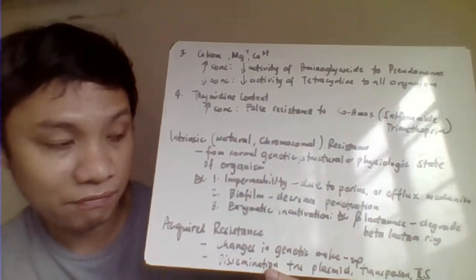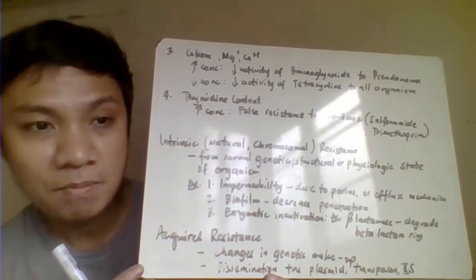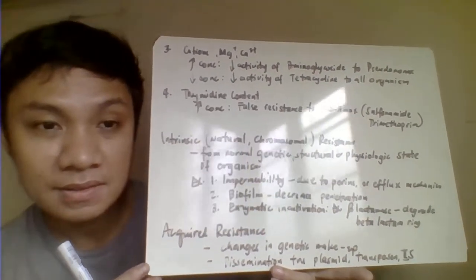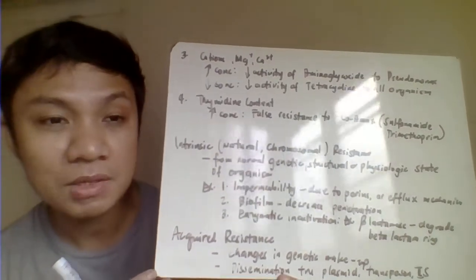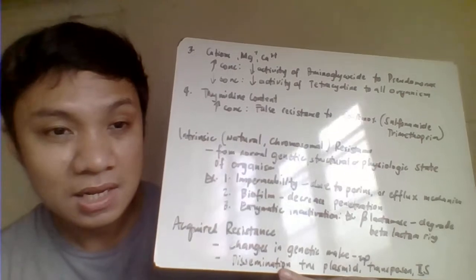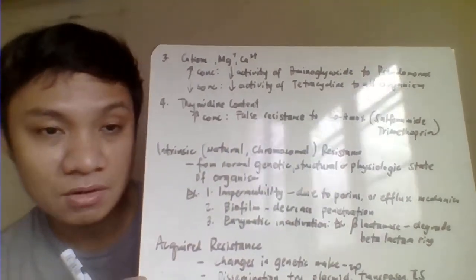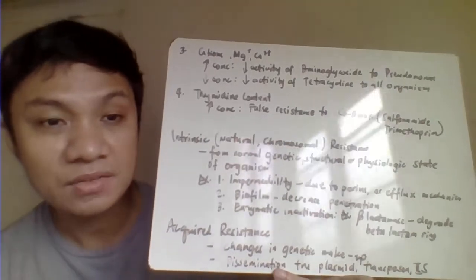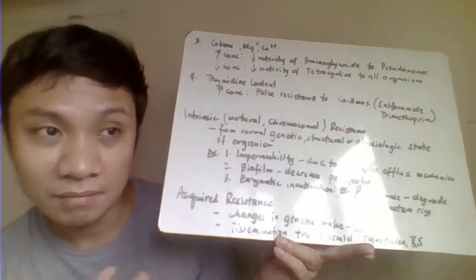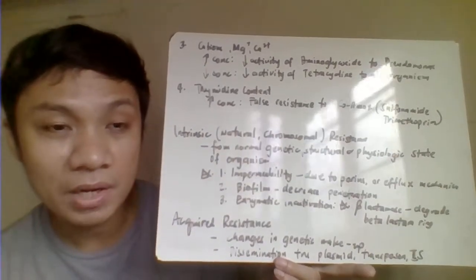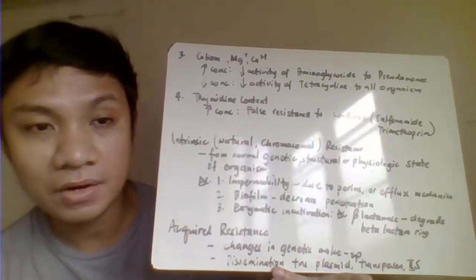Acquired resistance, on the other hand, is a type of resistance that is acquired by your microorganisms. Mean to say, at birth they're not really resistant to that, but because of genetic recombination, they're able to exchange genetic materials from one resistant to one susceptible na microorganism, to acquire the genetic makeup of the other organism na resistant for that.